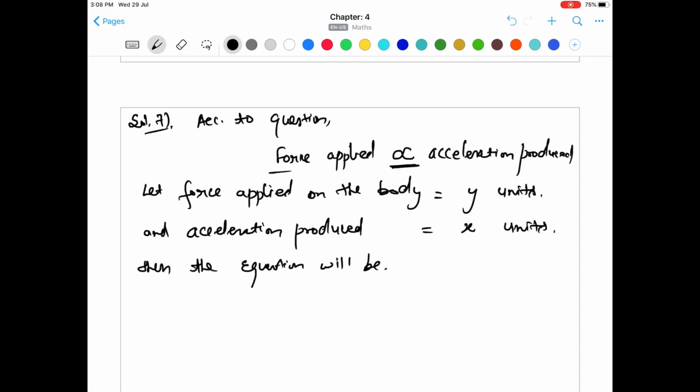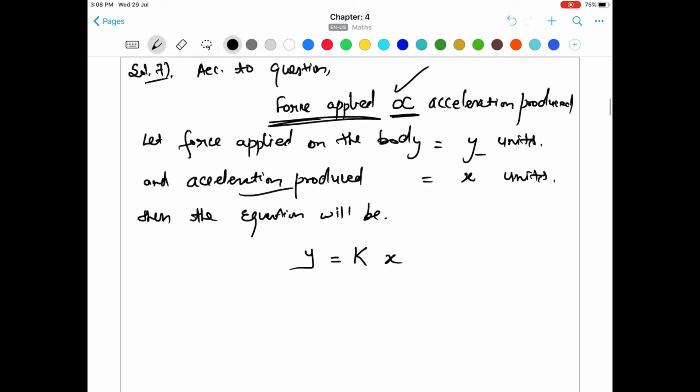At the place of force applied we'll write y, and at the place of acceleration produced we'll write x. In between we have this proportionality sign. When you remove this proportionality sign, you get an equal to sign and a constant of proportionality.